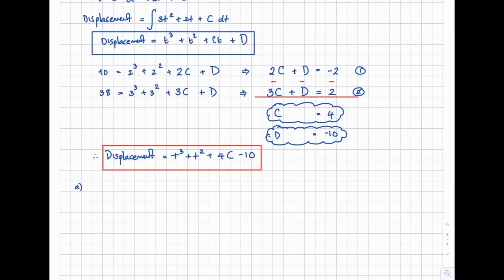So for part A of the question, when t is equal to 4, we can now say the displacement is equal to 4 cubed plus 4 squared plus 4 lots of, oh yeah, that should be a t there, 4t, so 4 times 4, minus 10, and we'll put this all into your calculator.